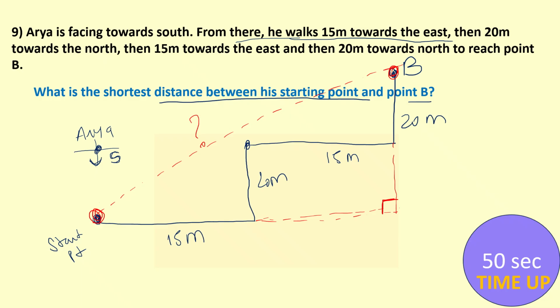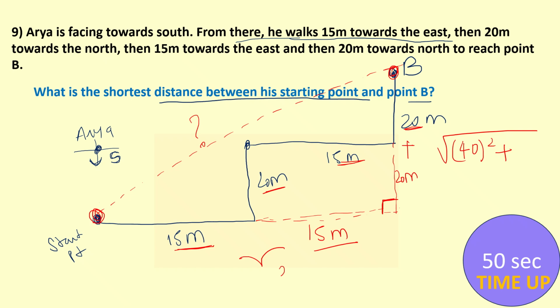So it will be square root of what? If this is 20 meters, this will also be 20. So 20 plus 20 will be 40. So 40 squared plus how much is this distance total? This is 15 meters, so this will also be 15 meters.